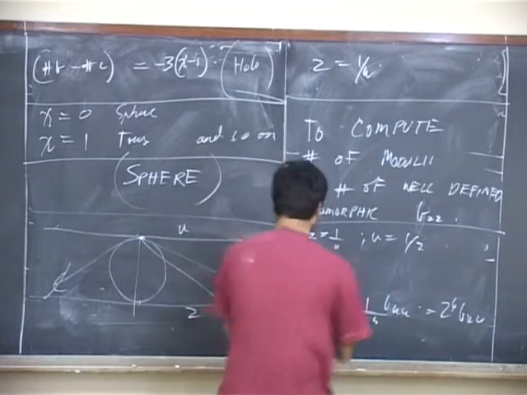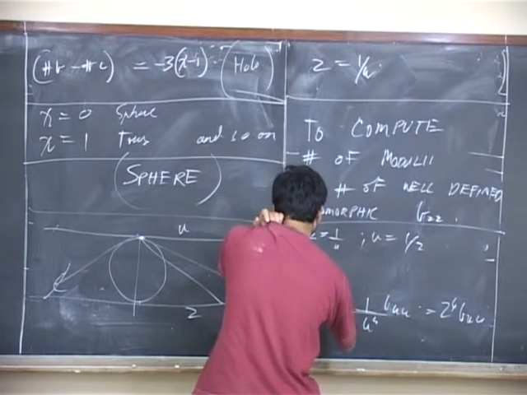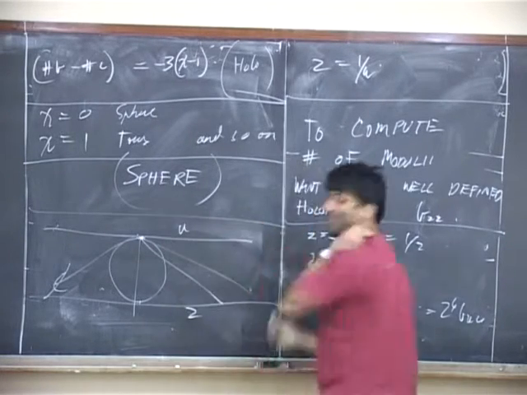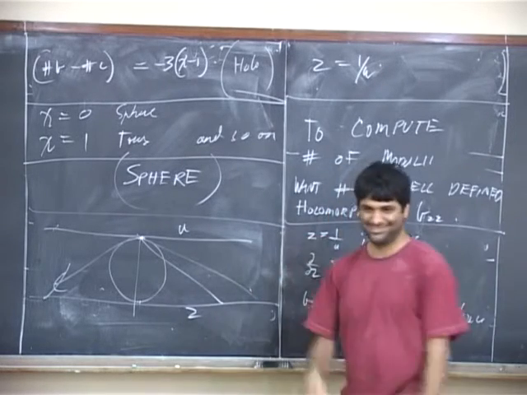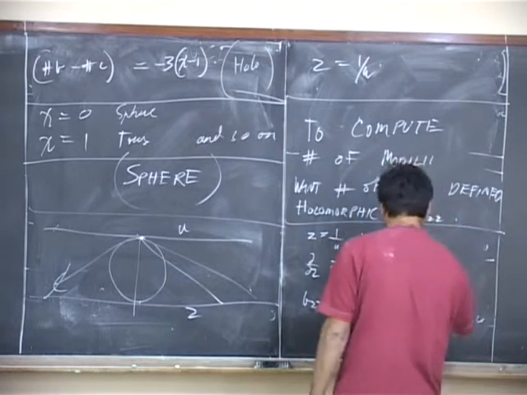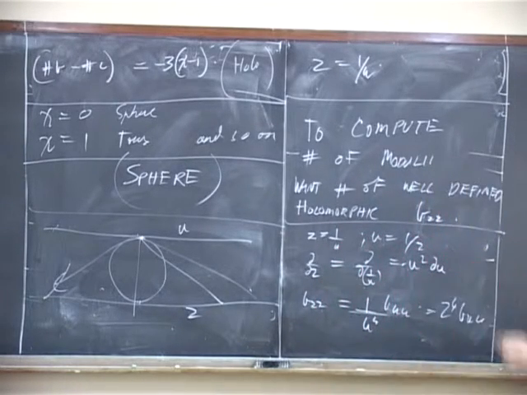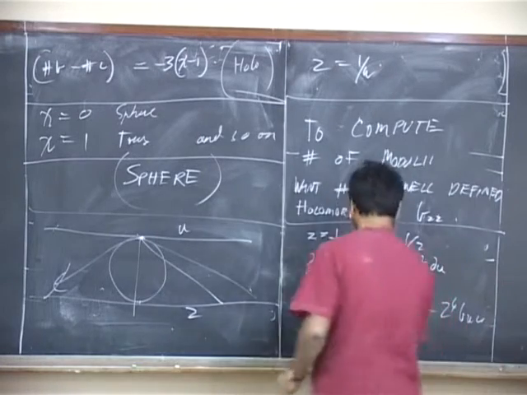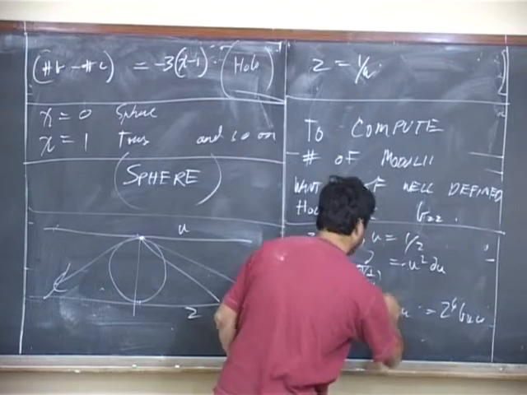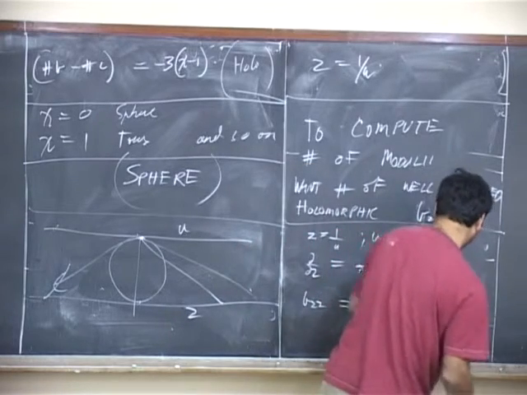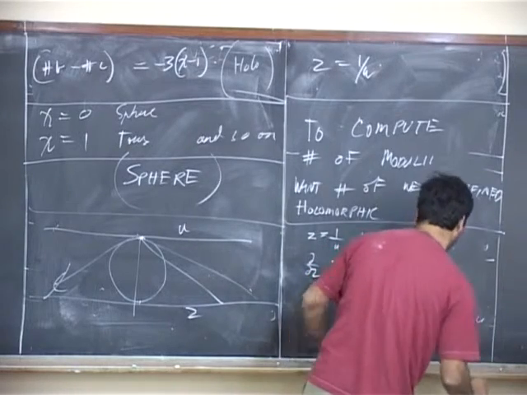So z is equal to 1 by u, so d by dz is equal to d by d of 1 by u, which is equal to minus u squared d by du. So this factor now goes like u to the 4th, just 1 by z.